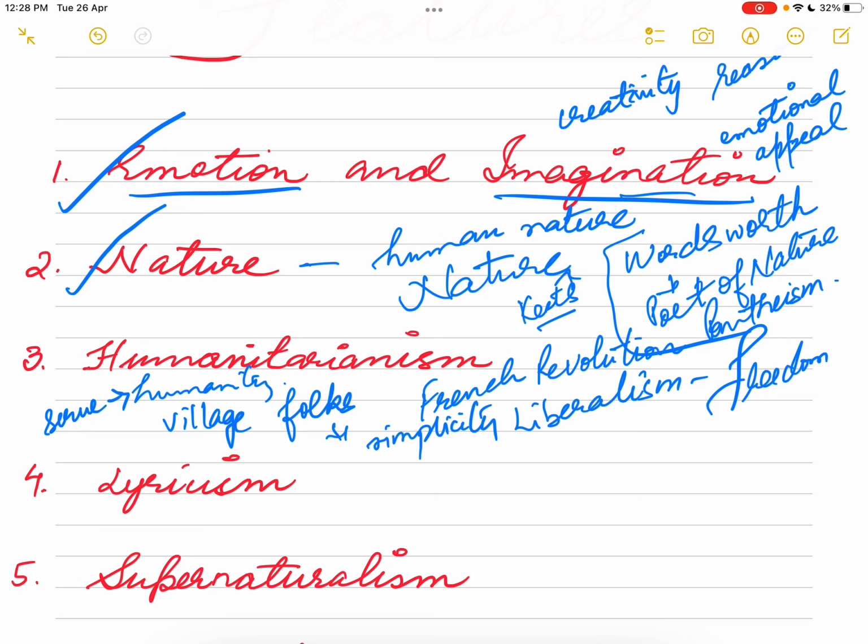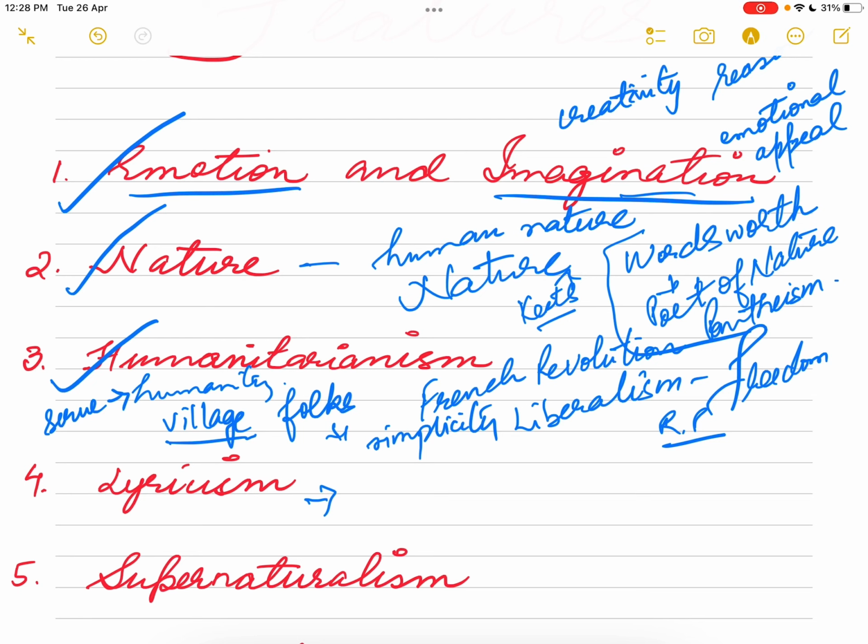So this is what humanitarianism is all about. First of all, there was love for liberty. People wanted that freedom, and more characters from village life could be seen in the poems written by the Romantic poets.